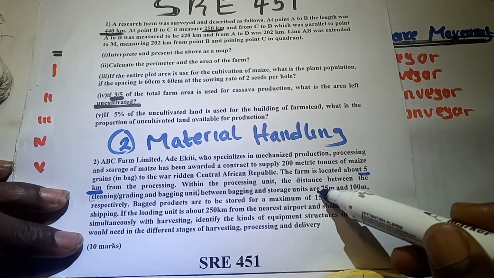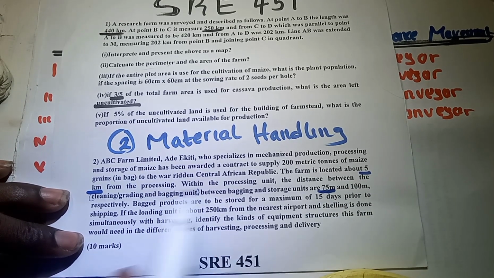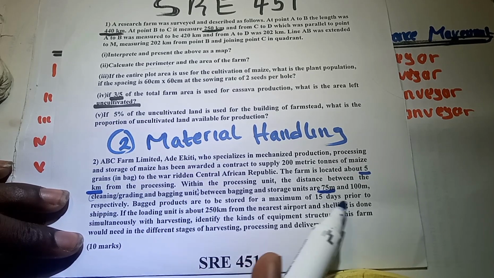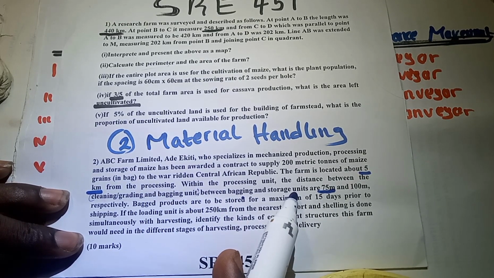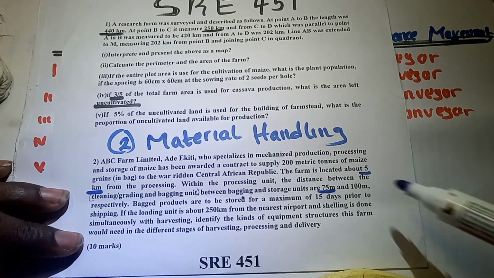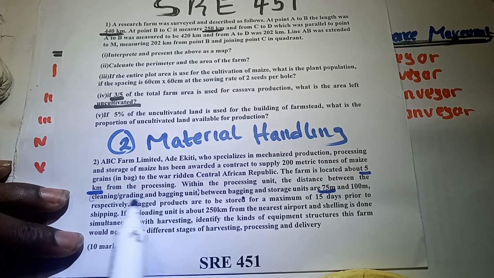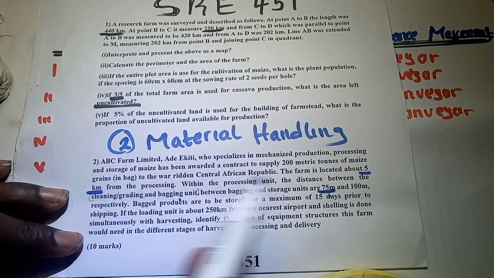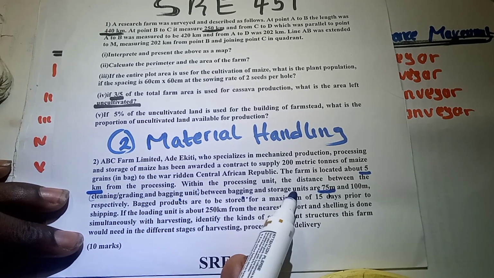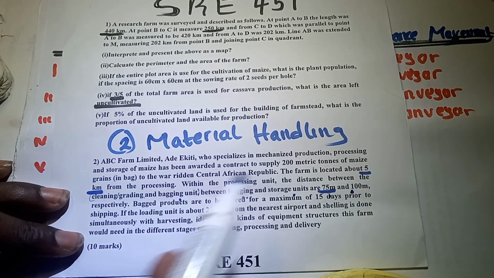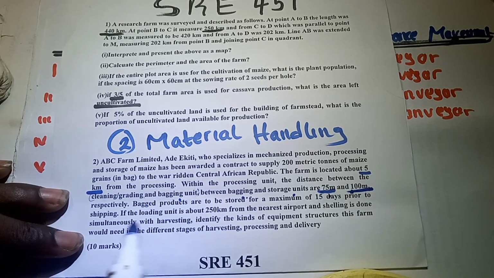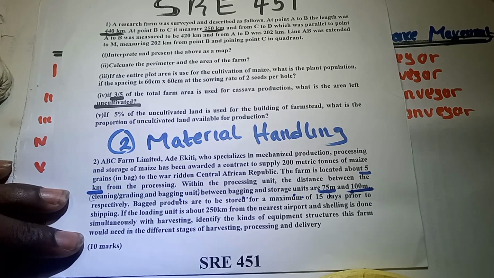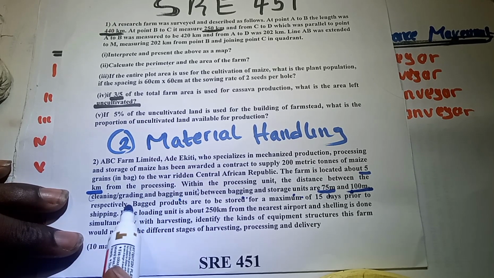That means that 75 meters is the distance between the cleaning and bagging unit, while 100 meters is the distance between the bagging unit and the storage unit. Please understand this. So how many distances do I have like that? I have one, two, three. I have three distances. Now let's continue.